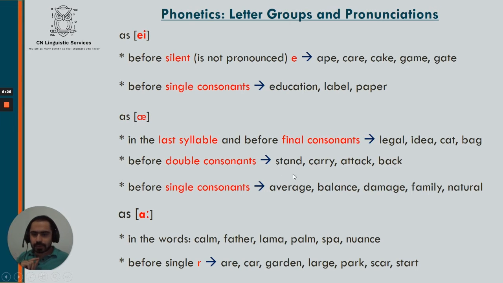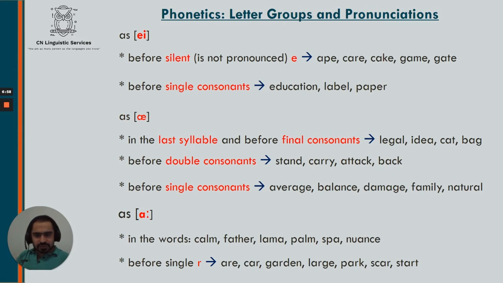This is the final consonant, and this is A, so we pronounce it as A. Before double consonants: stand, carry, attack, and back. The double consonants here are N and D, R and R, T and T, and also C and K.